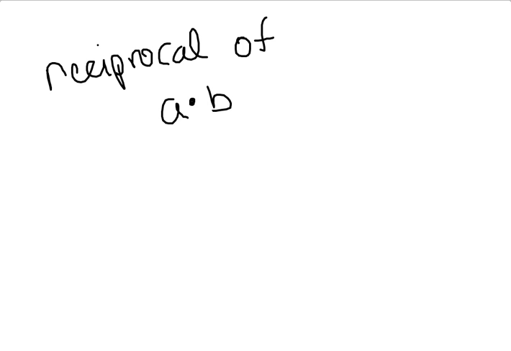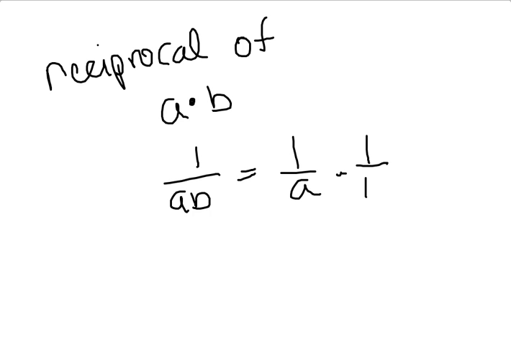What if I wanted the reciprocal of the product of a times b? Well, the reciprocal of a times b is 1 over a times b. But we can also look at that as 1 over a times 1 over b.